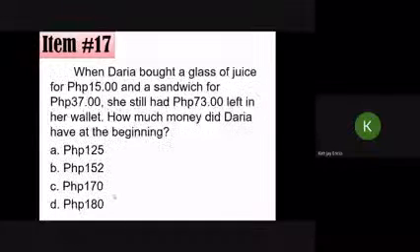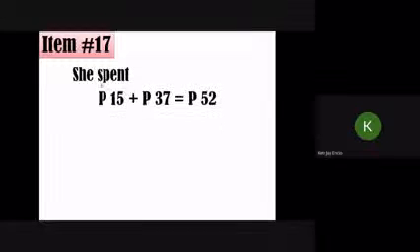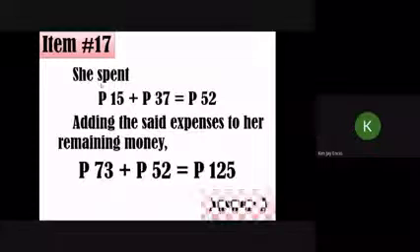All we have to do is add the total expenses by Daria to her remaining money. All in all, she spent 52 pesos, which is 15 plus 37. And she had 73 pesos left. So adding the two gives us 73 plus 52 pesos, which is 125 pesos. Letter A.